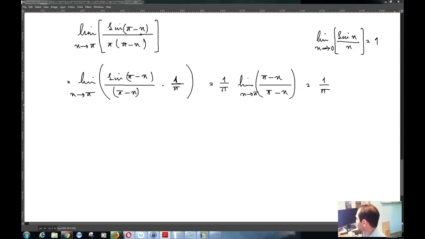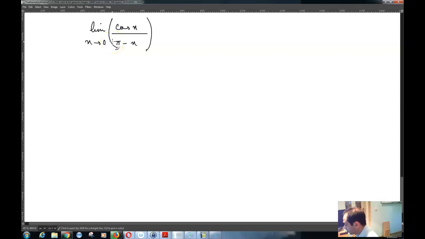Number 16 is the limit of cos x over pi minus x as x tends to 0.